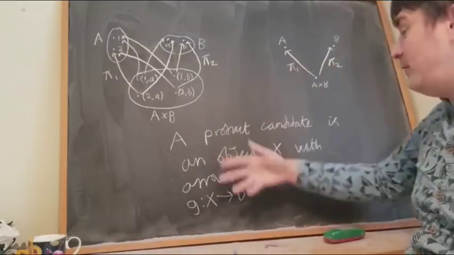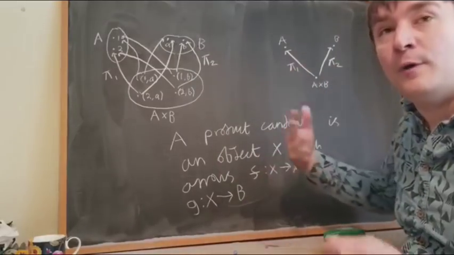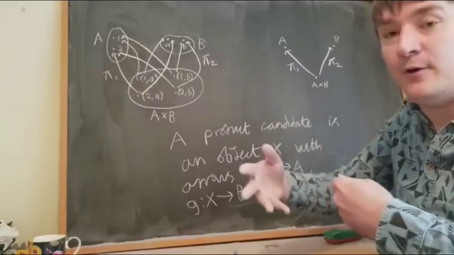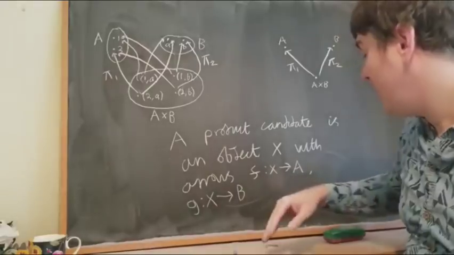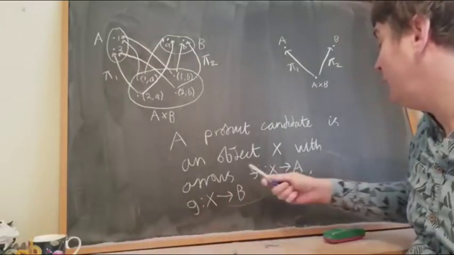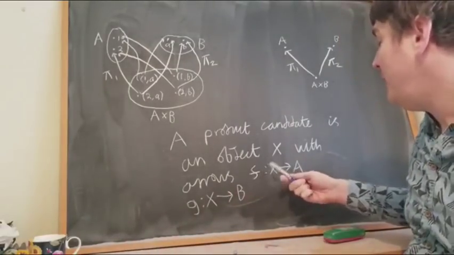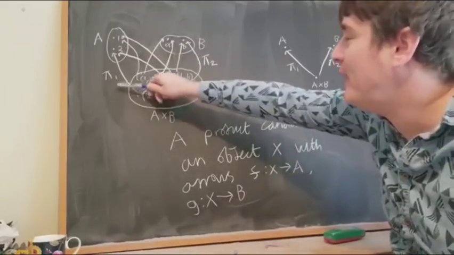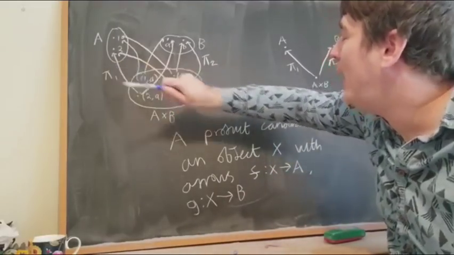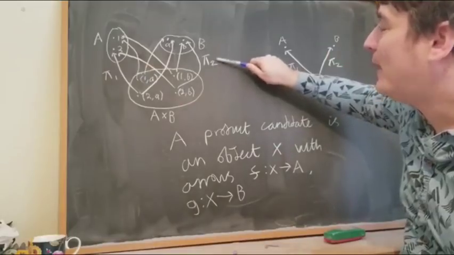This is our definition of what we mean when we say something is a candidate for being a product of A and B: it has some arrow F into A and some arrow G into B. In my case here, I'm calling the arrow F pi1 and the arrow G pi2.